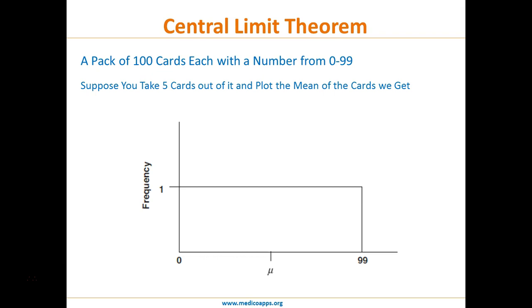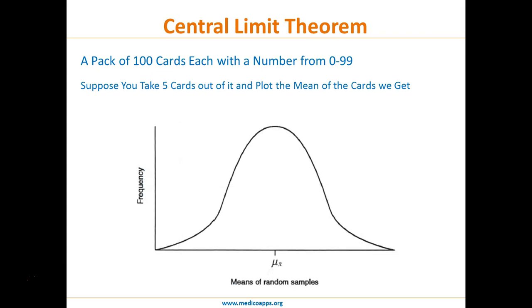So we add whatever card number we have got and we just take out the mean. And if we plot a graph of that mean, this is what we are going to get. So this is the frequency and this is the mean of the random sample. So 5 cards we are picking, randomly. We are adding and calculating the mean, and this is the frequency curve.